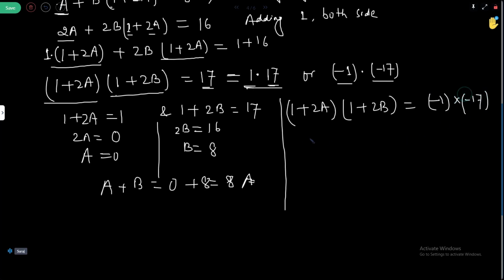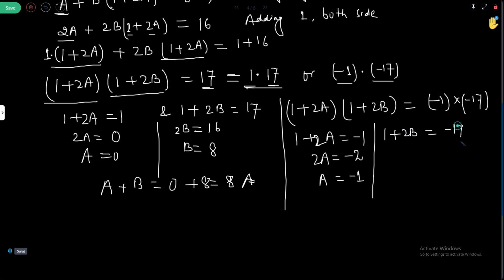Then just equating, 1 plus 2a equal to minus 1, so 2a equal to minus 2, so a equal to minus 1. The second equation will give you 1 plus 2b equal to minus 17.